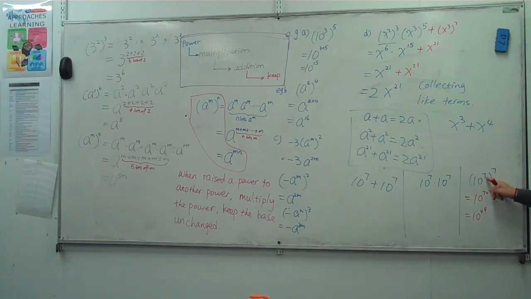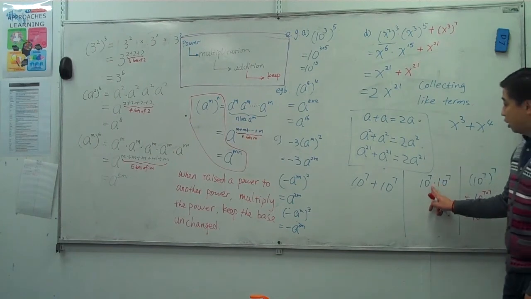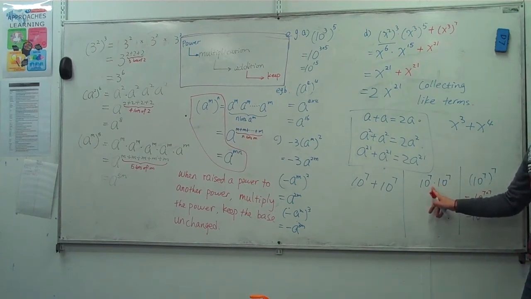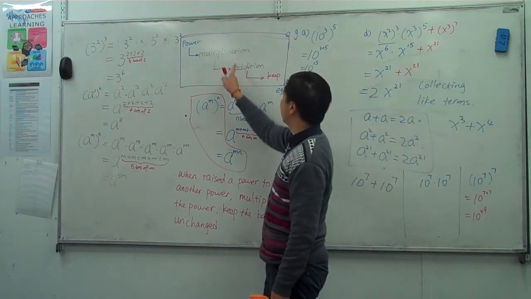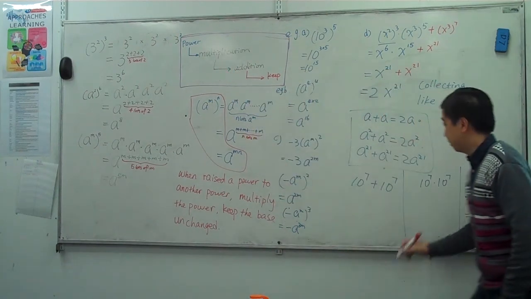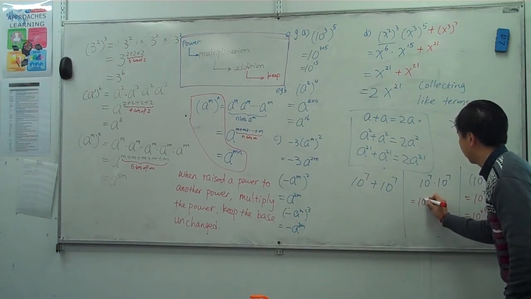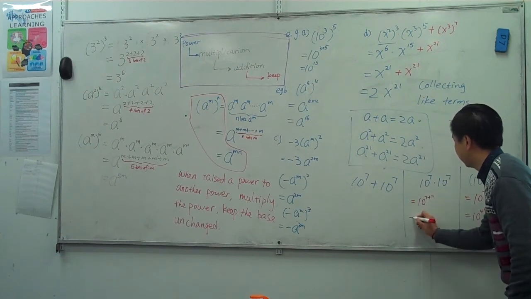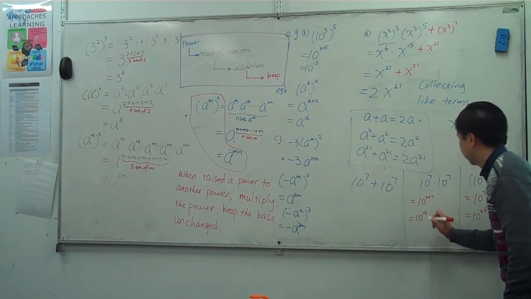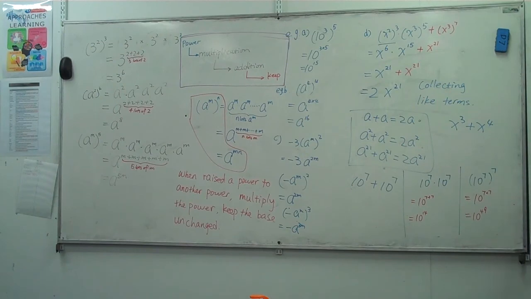Okay? This calculation is power. You need to times the power. Tell me, what is this calculation? Multiplication. What do you do for the power? You add them. The answer is 10 to the power of 7 plus 7. Okay?